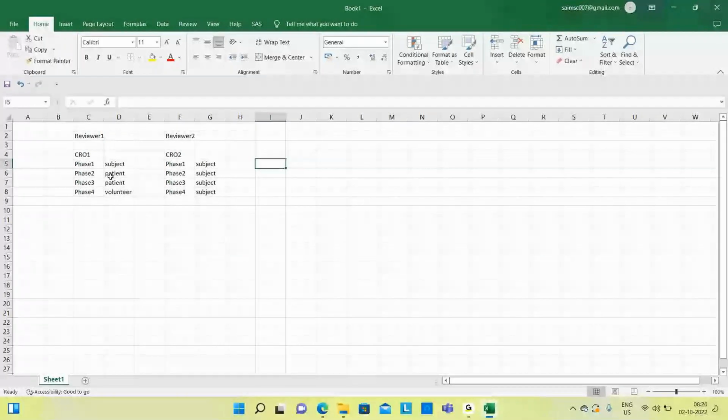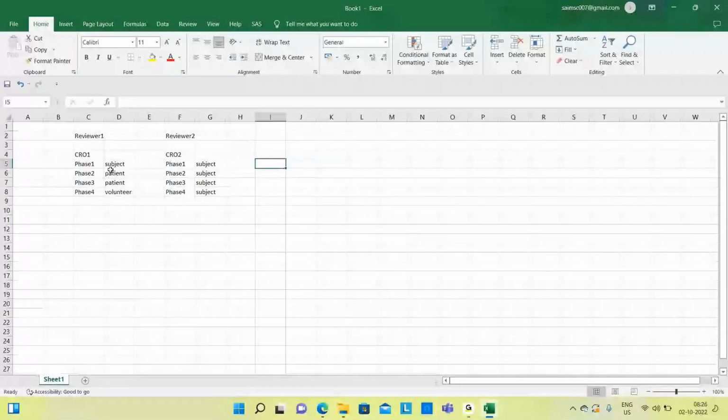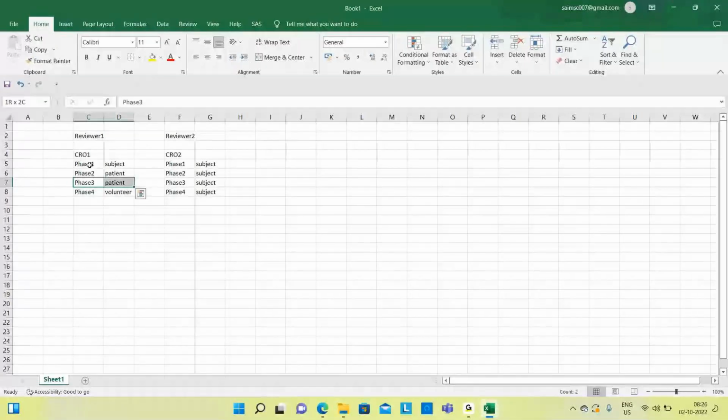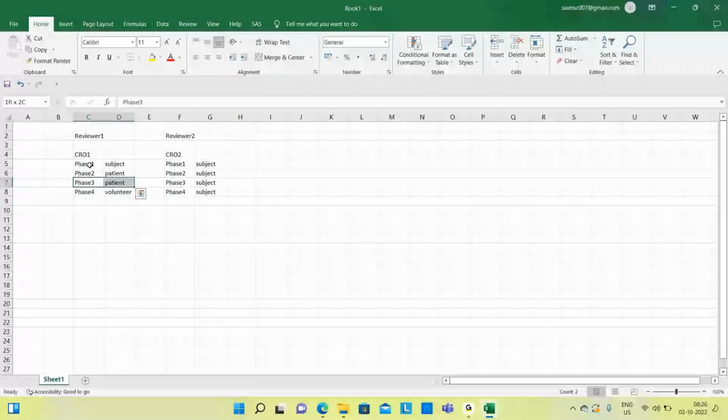So overall he will check. Actually he is verifying phase 3 data, but to get a rough idea he started looking from phase 1 data.